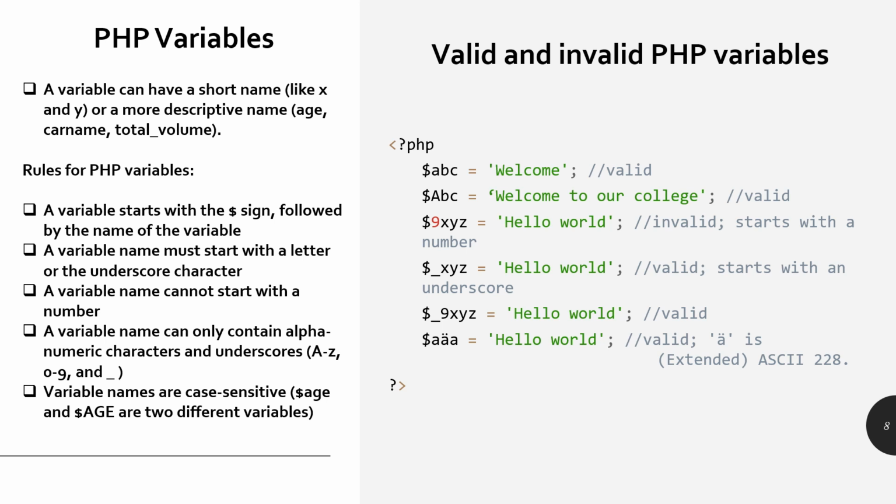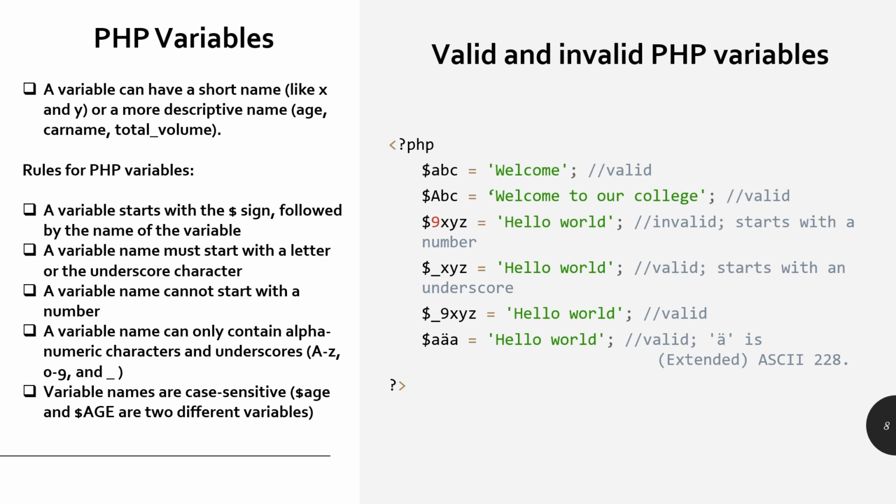Let's see some valid and invalid PHP variables. $abc welcome, it's valid because it starts with an alphabetic character. The allowed thing is that the first character should be a letter or underscore. Then it's letters only, so it's valid. Second is also valid.